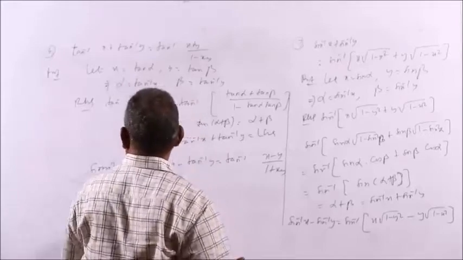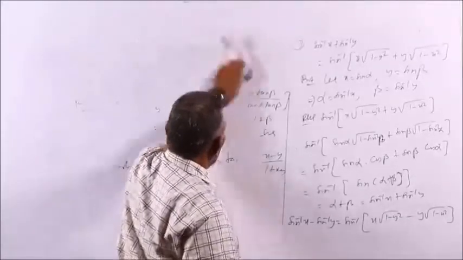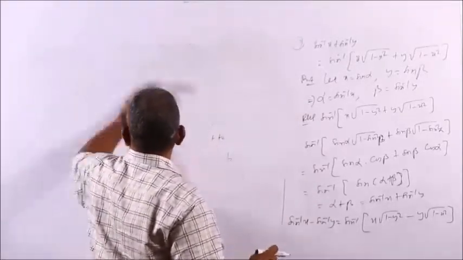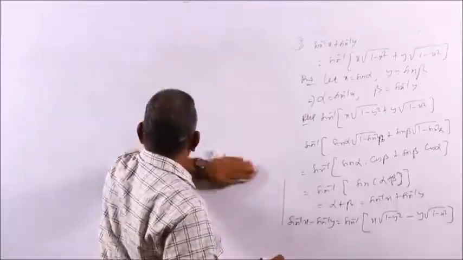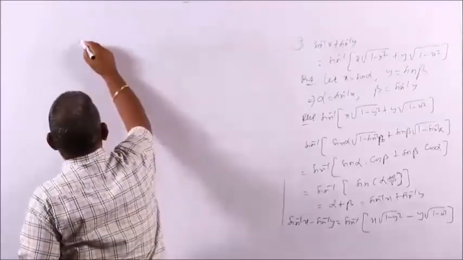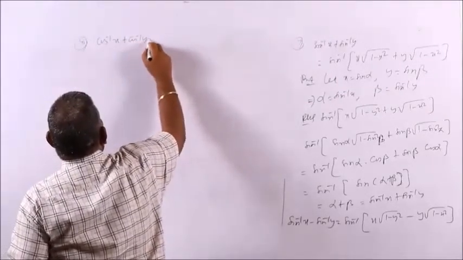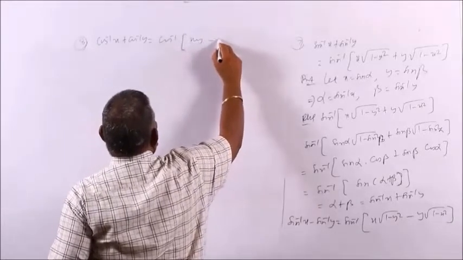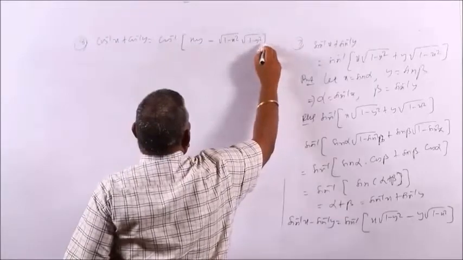Then we will move to the next formula, that is cos inverse x plus cos inverse y. Cos inverse x plus cos inverse y equals cos inverse of xy minus root over 1 minus x square into root over 1 minus y square.